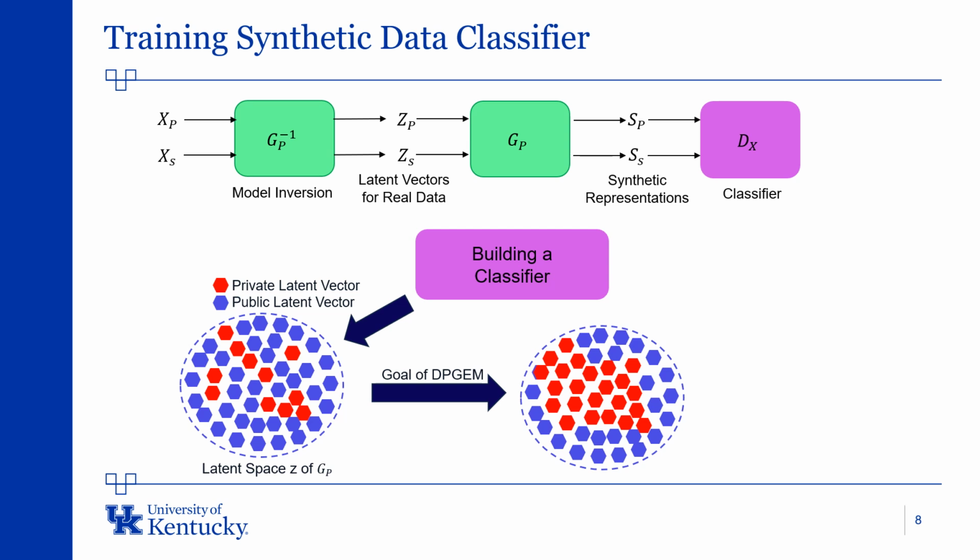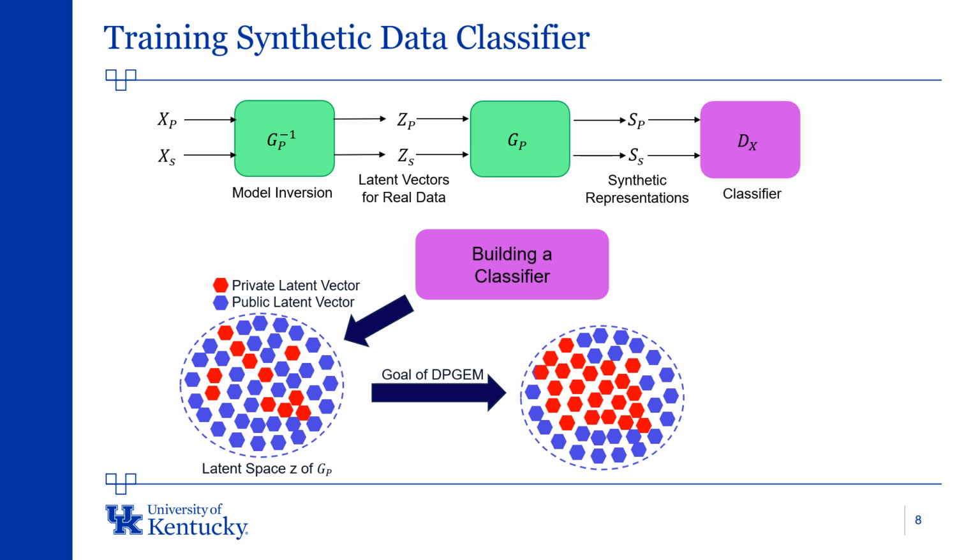Training synthetic data classifier. This is how we train the synthetic classifier on the synthetic representations we obtained, such that the classifier will serve as the utility function for the exponential mechanism. We perform the model inversion process on the real data and obtain public and private vectors. We map them back to get public and private representations.